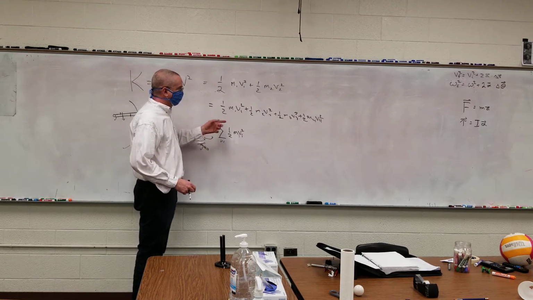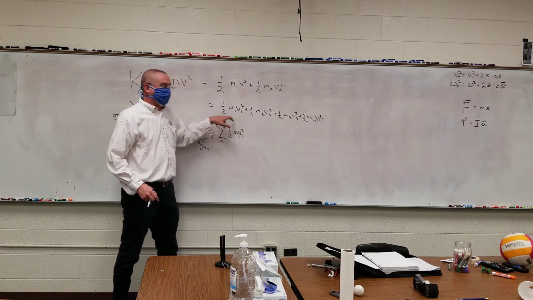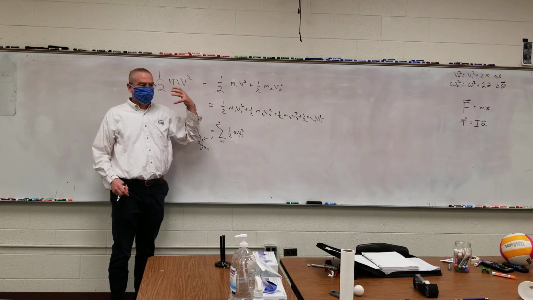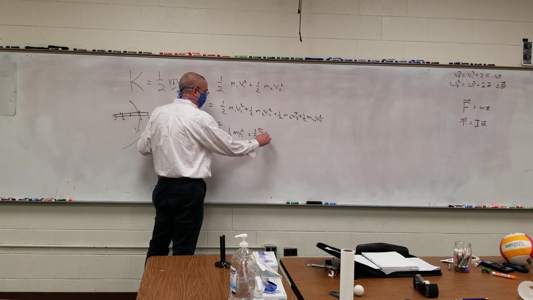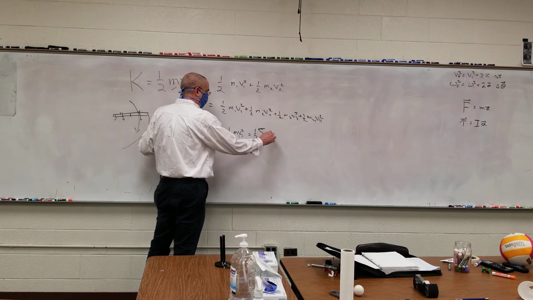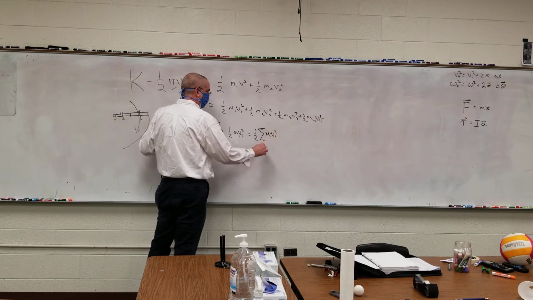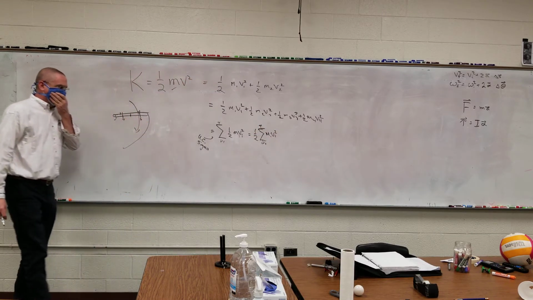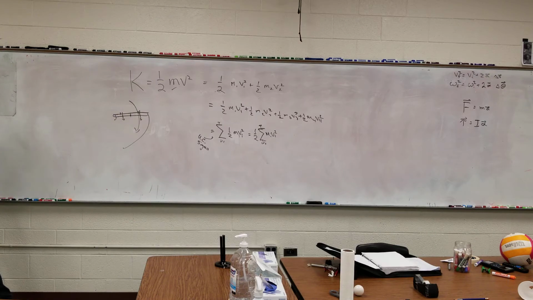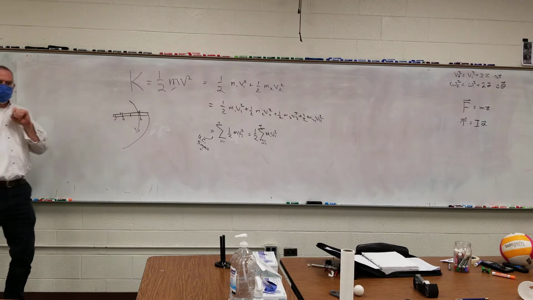Notice that since every term has a 1/2 in it, I could have factored 1/2 out. So this, I could have also written 1/2 times the sum m sub i v sub i squared, i equals 1 to 4. And then I can get even more efficient.